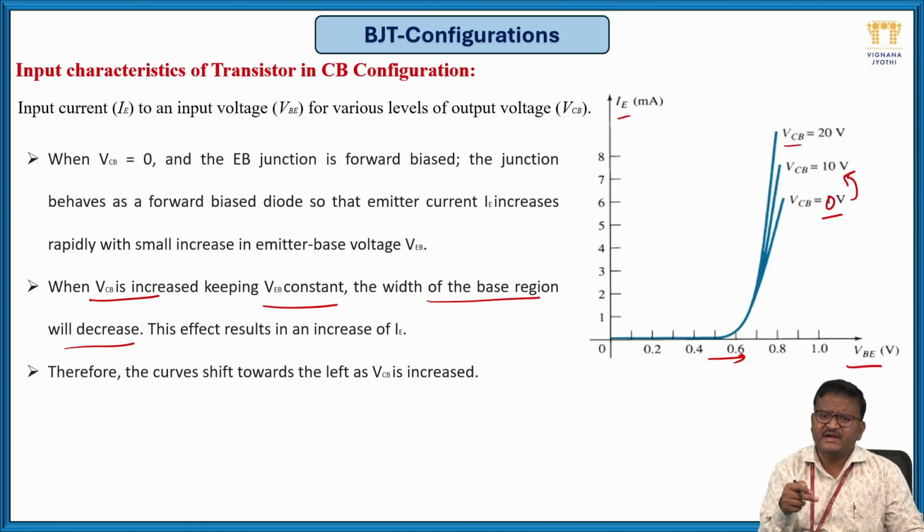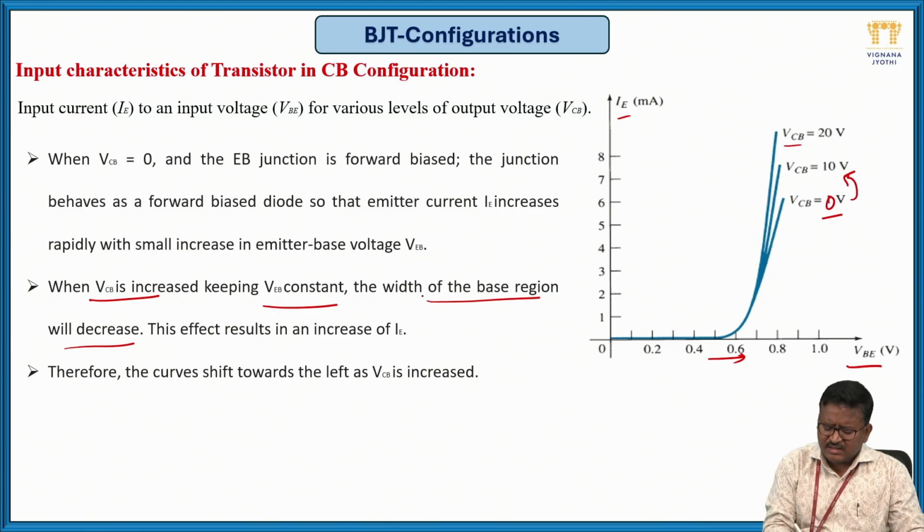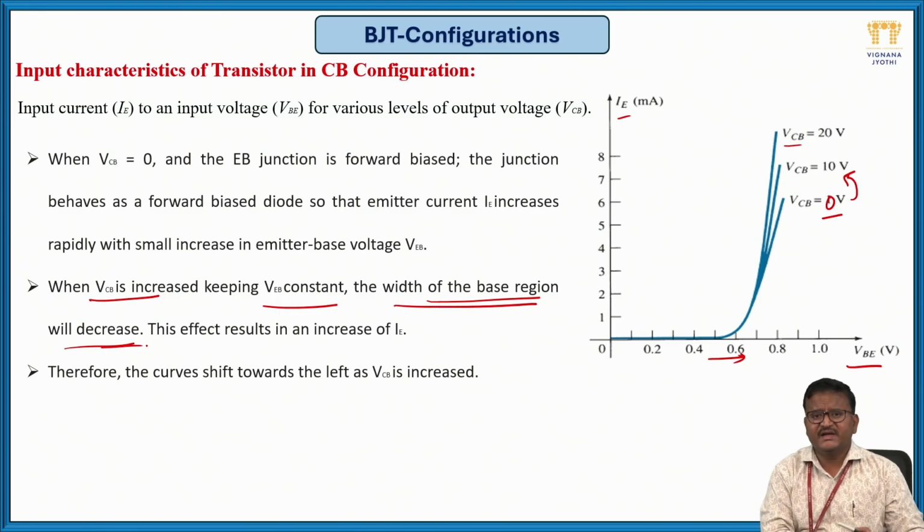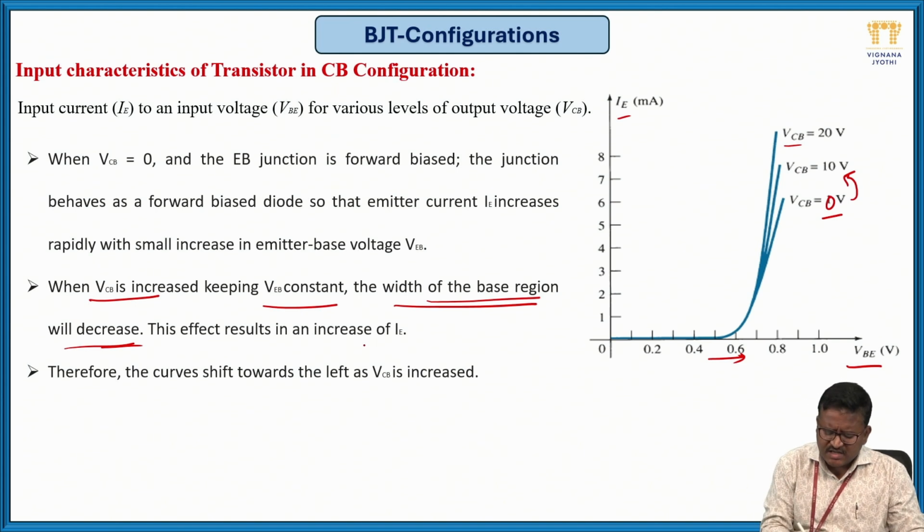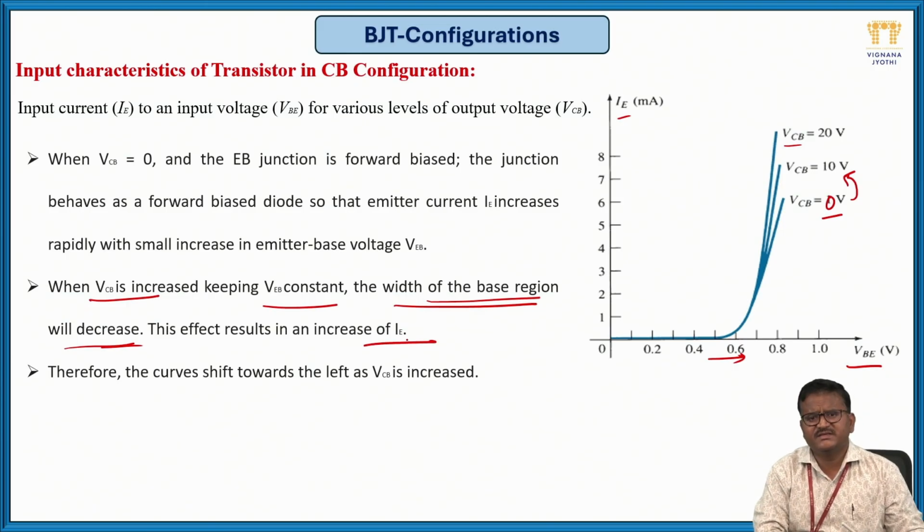As it penetrates more into the base region, the effective base width decreases. As the base width decreases, what will happen? The recombination decreases. As recombination decreases, IE increases. So as VCB increases, the emitter current increases and the characteristics tend towards the left. This is what we consider as the early effect.